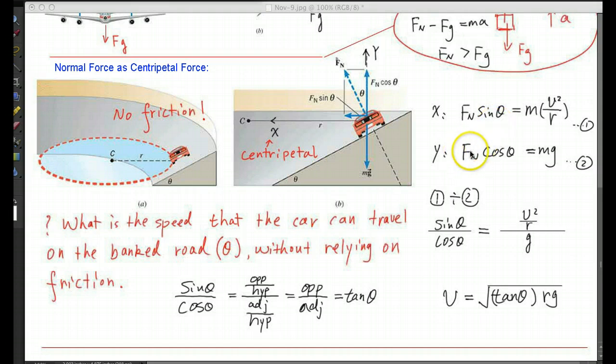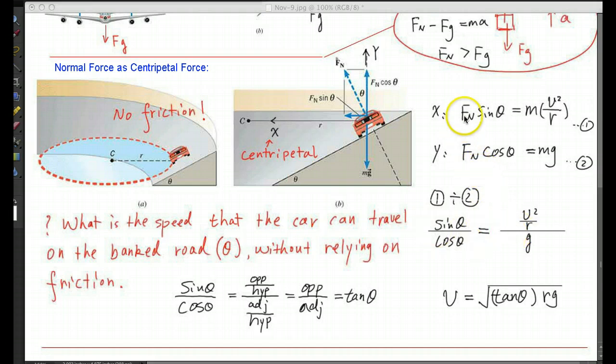You can solve for Fn and plug it in here, or you can simply divide the two equations. That's always a technique you can think about using, because if you divide the two equations, you create another equation which is still equal on both sides.